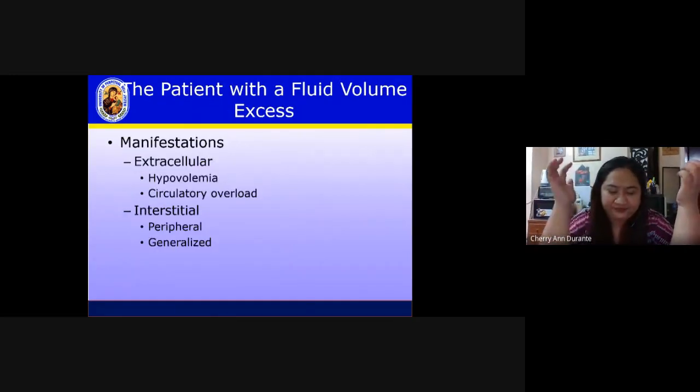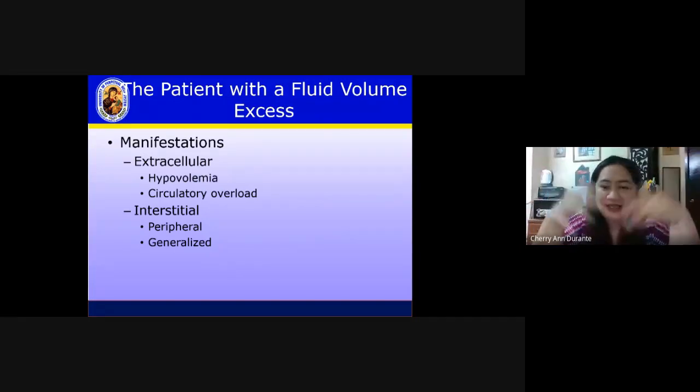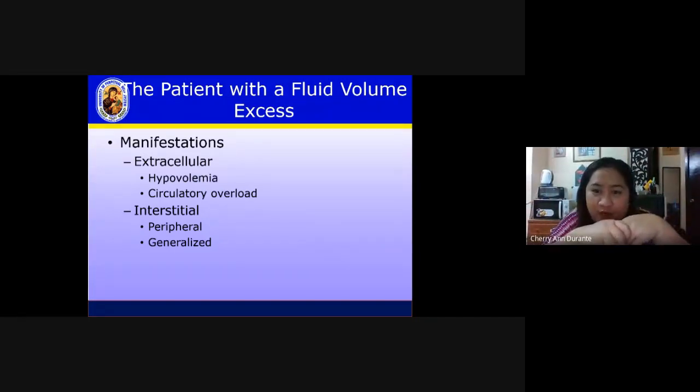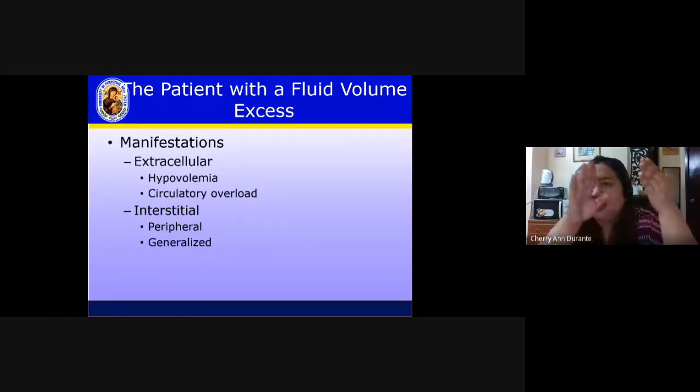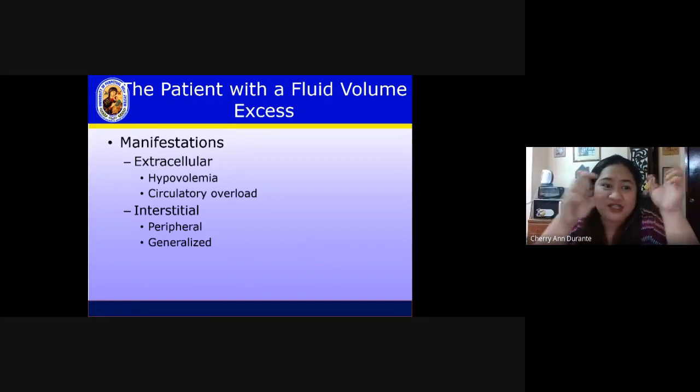Manifestation. So, if you have fluid volume excess, extracellular fluid volume excess, what happens here is you can have what we call circulatory overload. Meaning, there is too much blood inside your blood vessels, so it leads to circulatory overload. And then you have the interstitial.